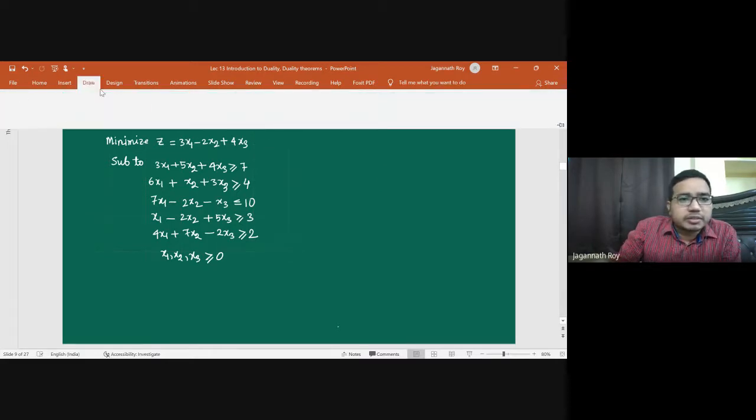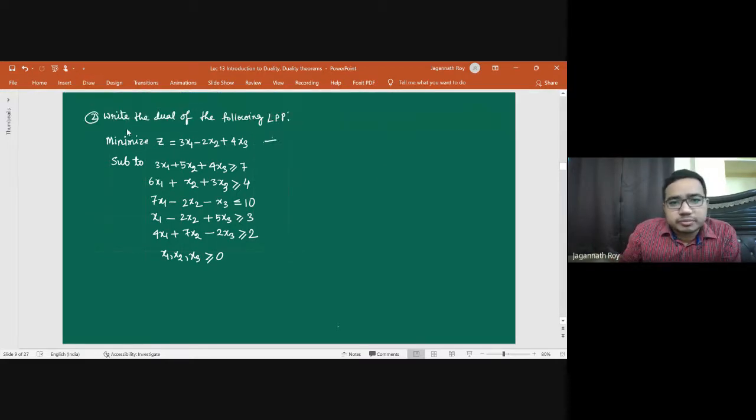Let us write it as a maximization problem. Maximize z equals minus 3x1 plus 2x2 minus 4x3. Then we'll try to make it in this other form.